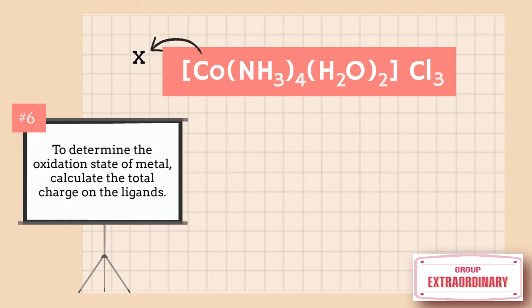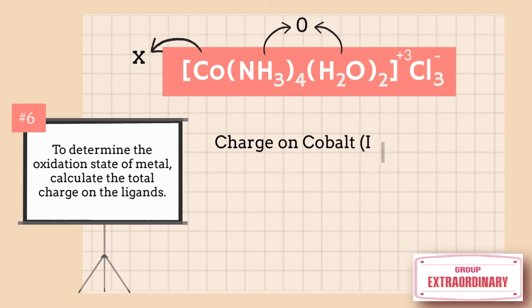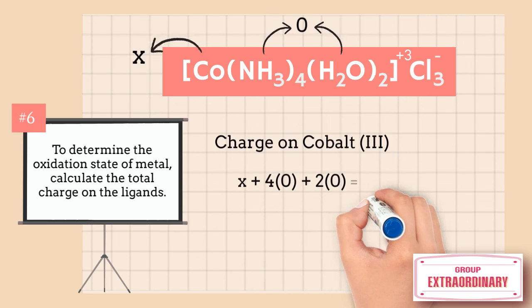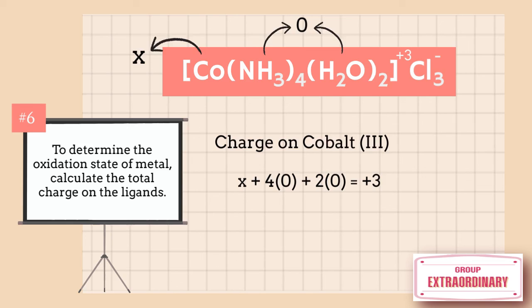Since the chloride is -1 times 3, becoming -3, the overall charge in the bracket will be positive 3, since the total charge of the compound must balance to 0. Meanwhile, in the bracket, water and ammine are neutral, meaning the charge is 0. The calculation will be X plus 4 multiplied by 0 plus 2 multiplied by 0 is equal to positive 3.